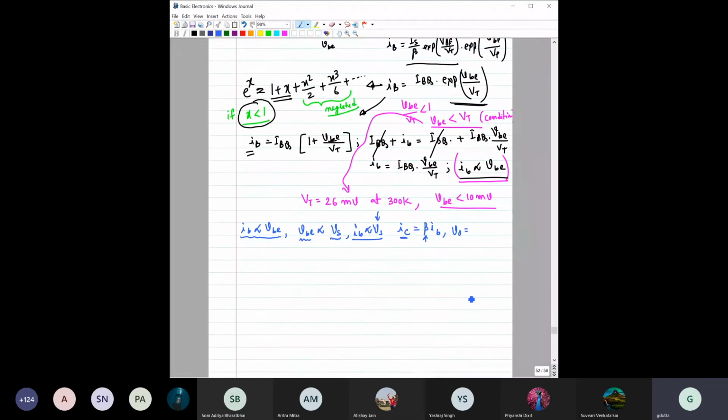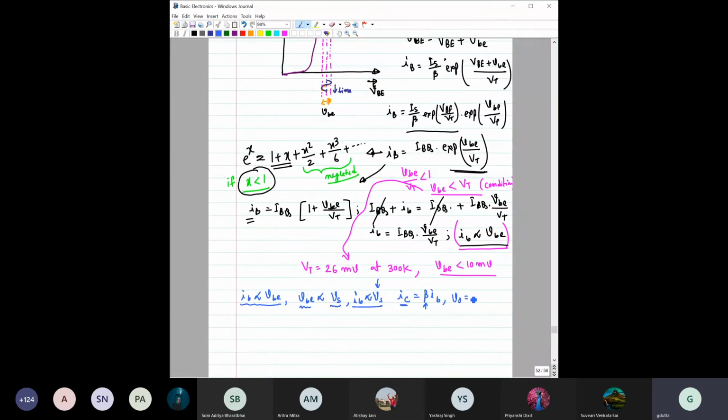So we can write V output equal to VCC minus IC into RC, right? Now here, this IC is again linearly related with this Vs. So that way output voltage is also now linearly related with the input voltage.